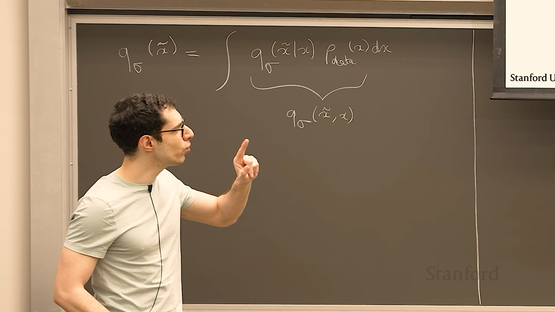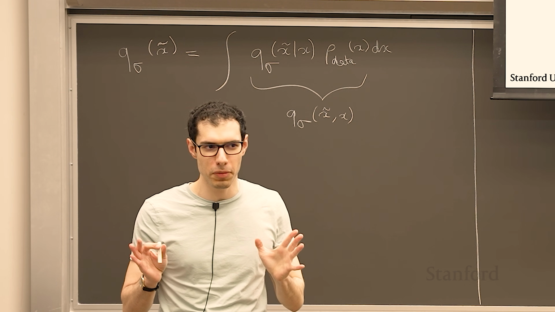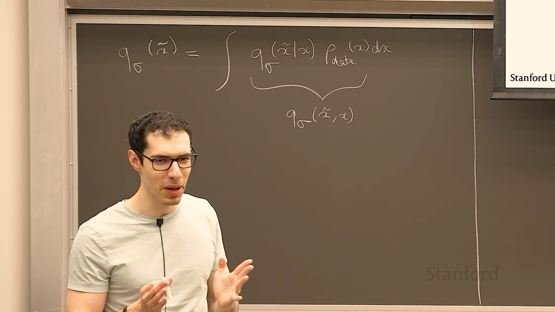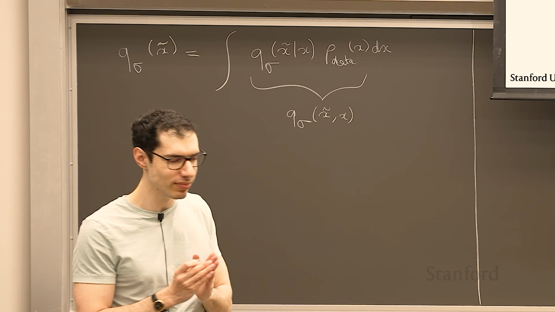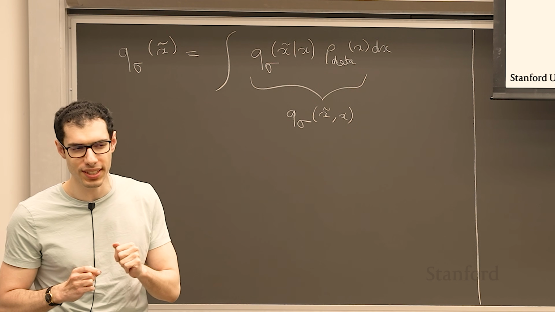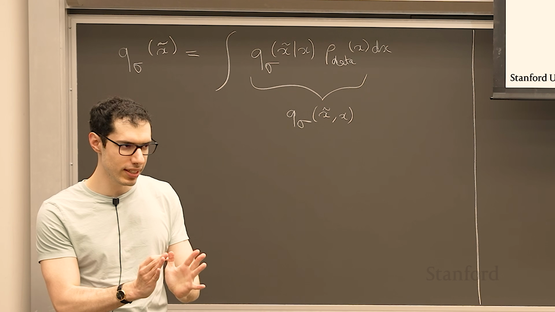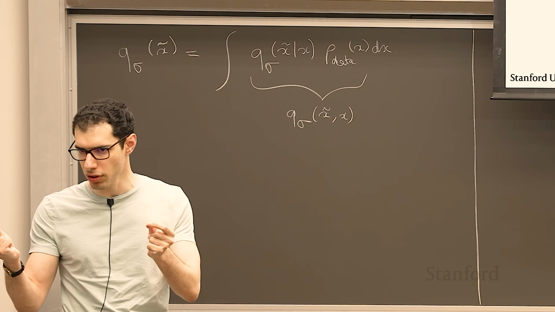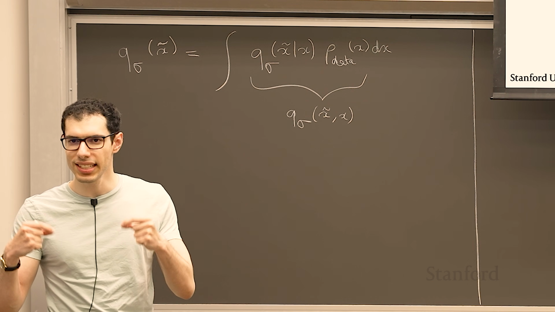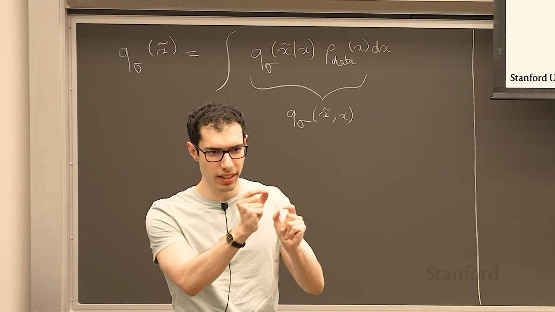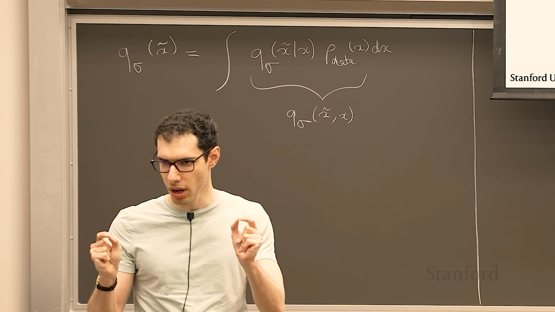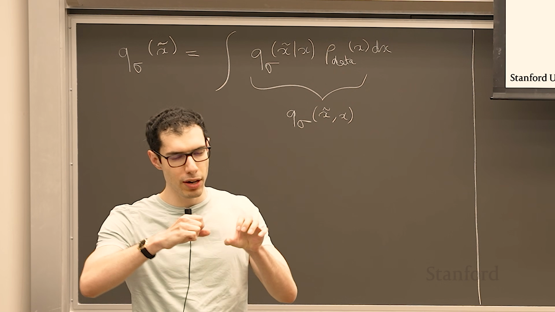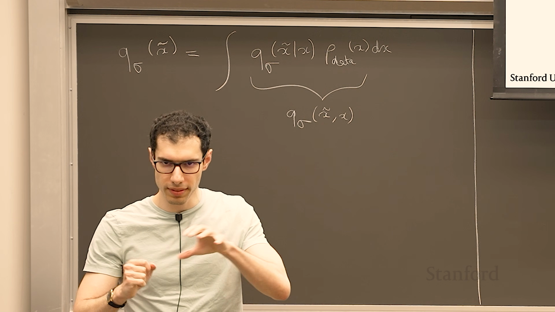OK, so I just want you to look at this formula and not be scared about what it means. I think it's quite easy. Another way of saying this is, in practice, you only have a few data points from your distribution. So you take the finite set of data points that you have, and you noise each of them.